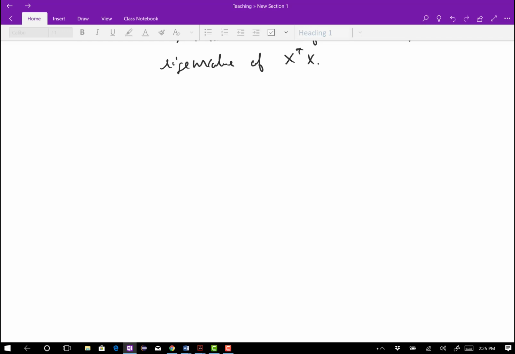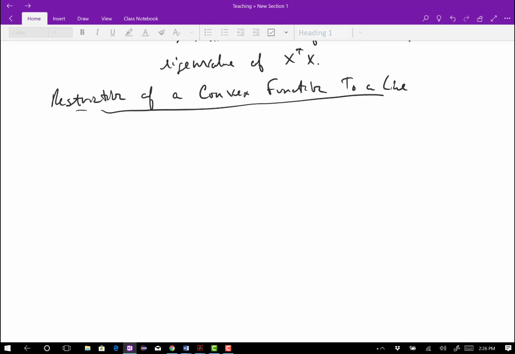A useful concept for establishing the convexity of a function is to restrict that function to a line. So let's discuss that a little bit. So suppose we have a function f mapping Rn onto R. That is a convex function.